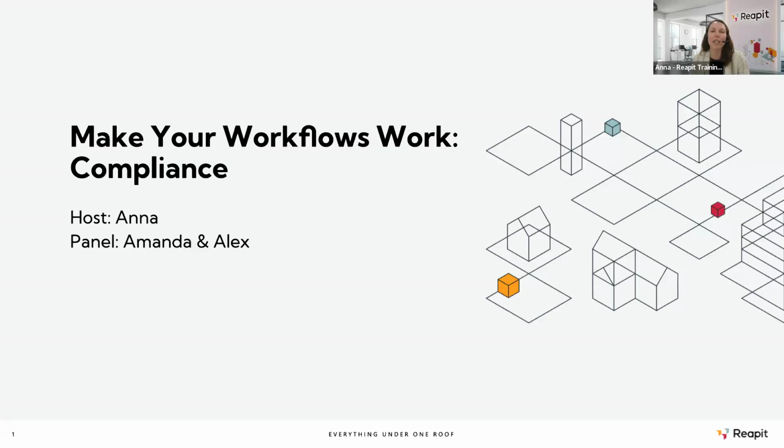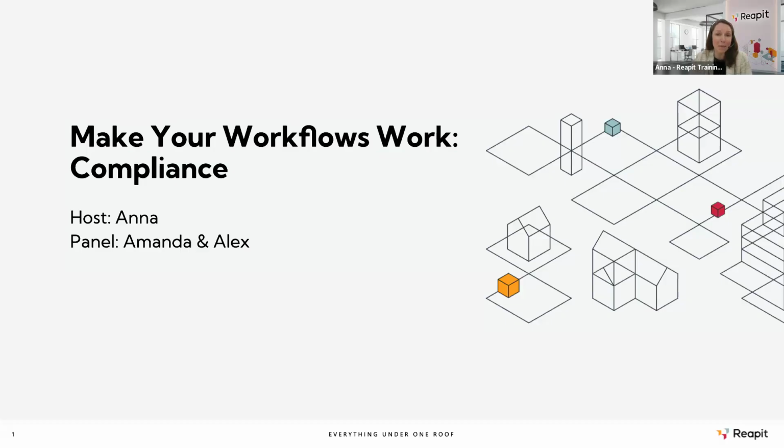So to give you a broad introduction to today's session, I would like to give you a few real-life examples. For example, a landlord has asked for proof that smoke alarms were tested before signing a renewal. Maybe a compliance certificate has expired and now the PM is at risk of breaching legislation. Sometimes a safety check can be missed and the PM needs to scramble to organize everything before a tenant moves in.